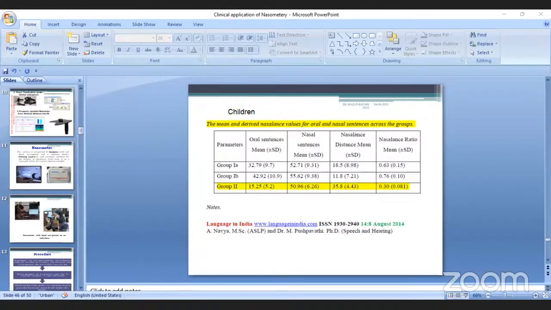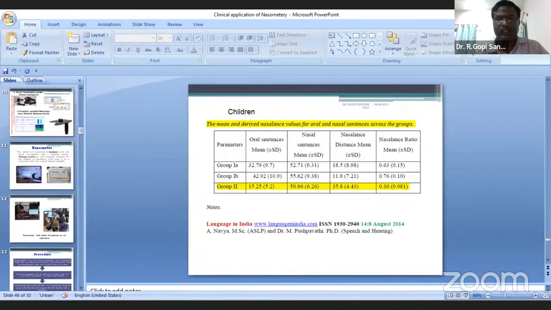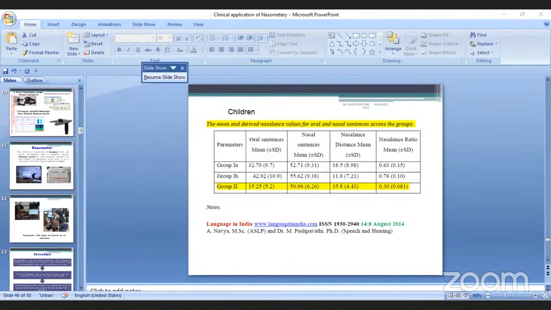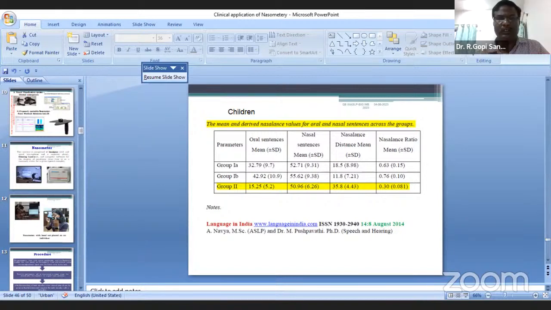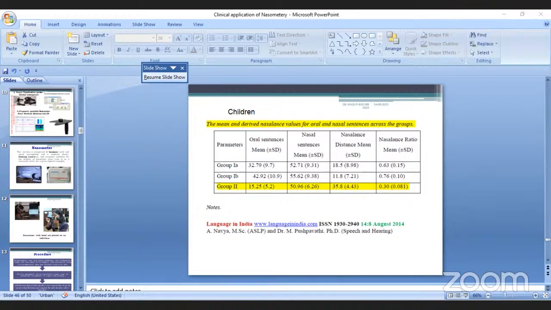Yes, sir, the screen is visible. Okay, is it visible? Is it moving? Sir, can you make it full screen? One second. Okay. Is it moving? Not yet, sir.